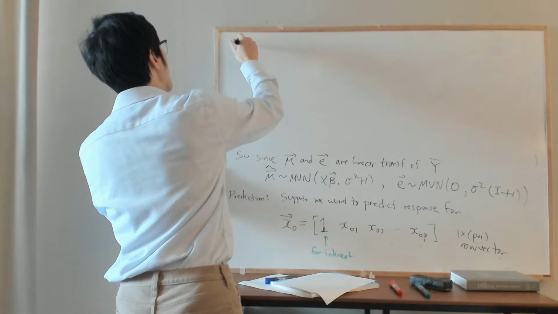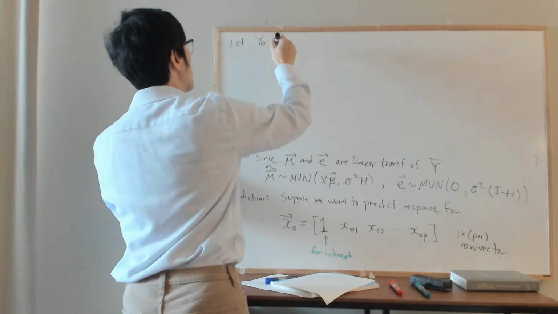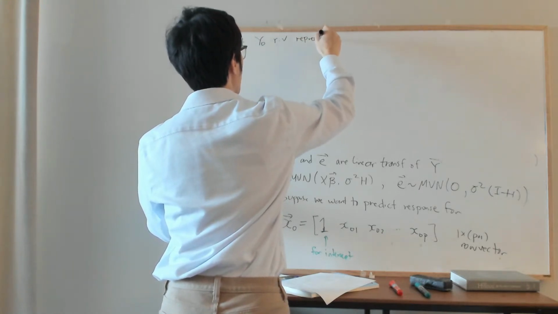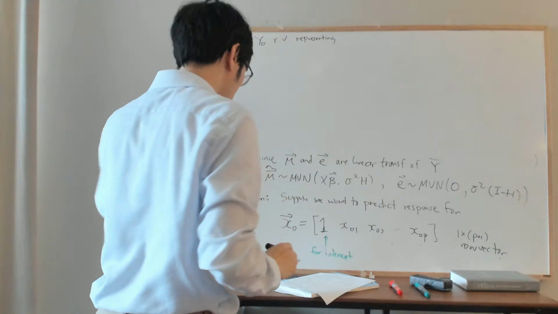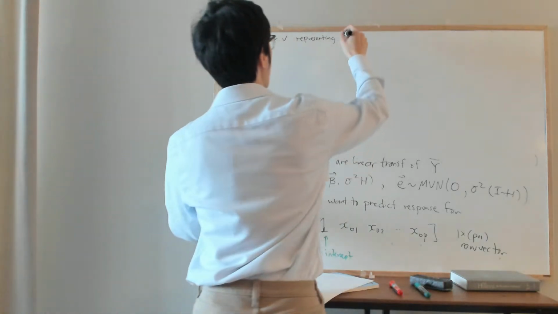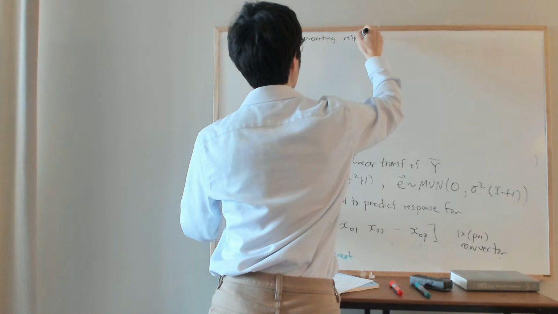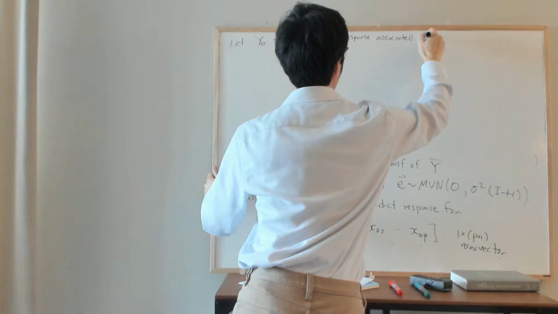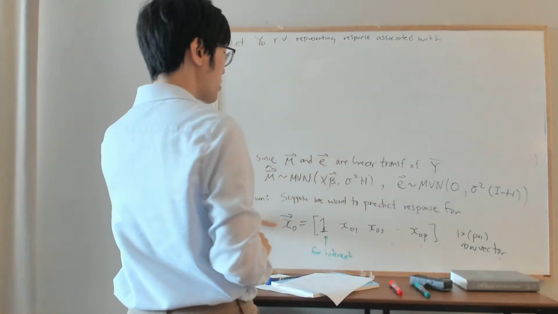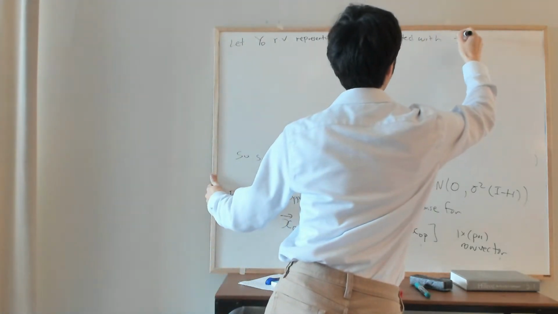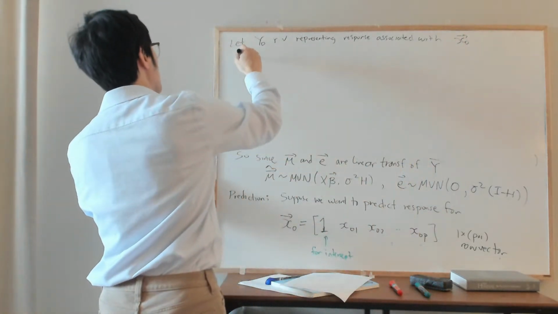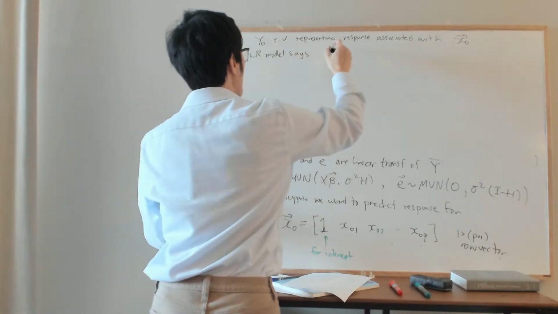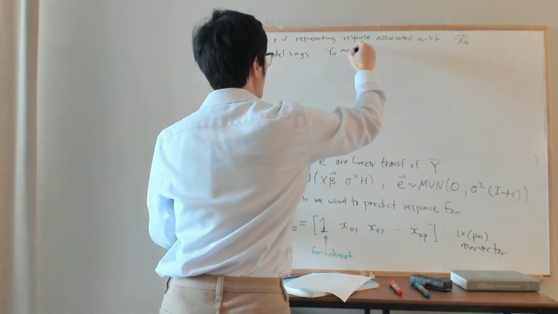So let y0 be the random variable representing the response associated with this new set of x's, the vector x0. The multiple linear regression model says that y0 would be normally distributed.